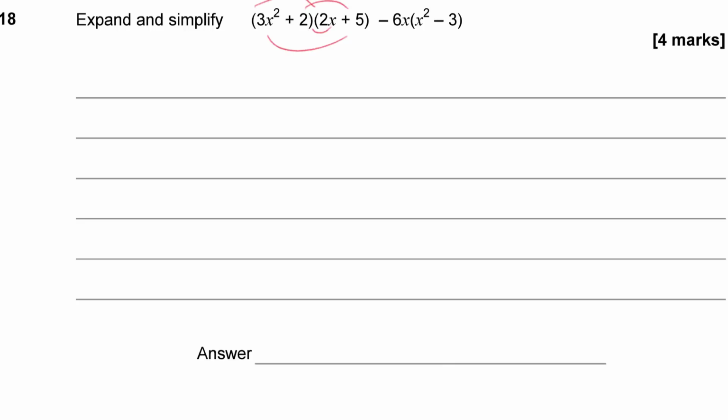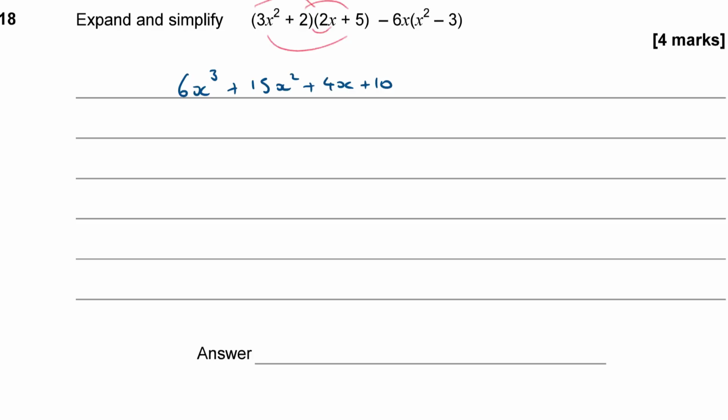So the first term is going to be 3x squared times 2x, and that gives me 6x cubed. Then 3x squared by 5 gives me 15x squared. Next 2 by 2x gives me 4x. And finally 2 by 5 gives me 10. So there are my 4 terms from multiplying out that first set of double brackets.